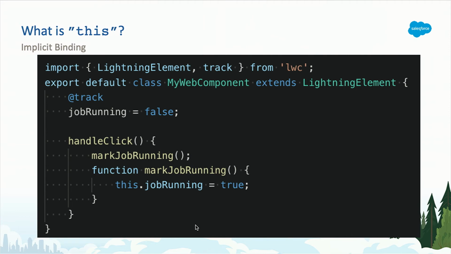We're not explicitly binding it, and it's not being called off of an object, so implicit binding is not in effect. As a result, it's going to try to use default binding. Of course, since LWC runs in strict mode, default binding won't work. So instead, we're going to get an error saying, cannot read property jobRunning of undefined.